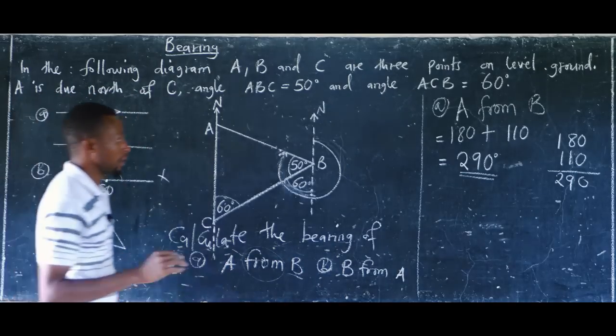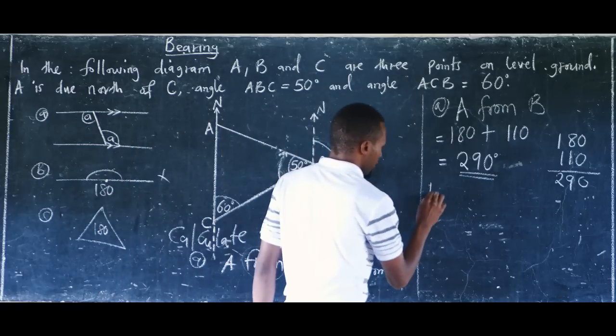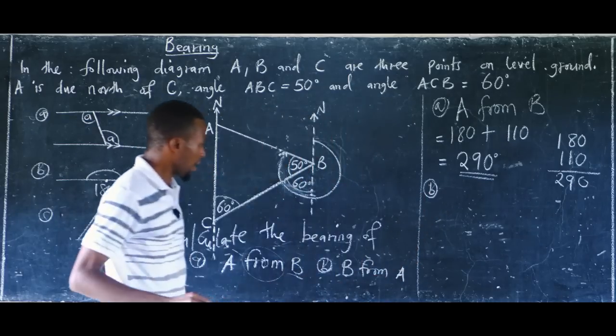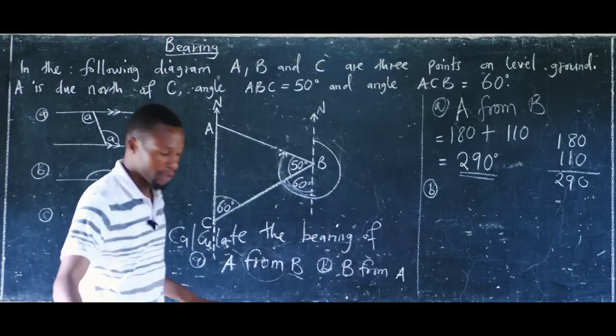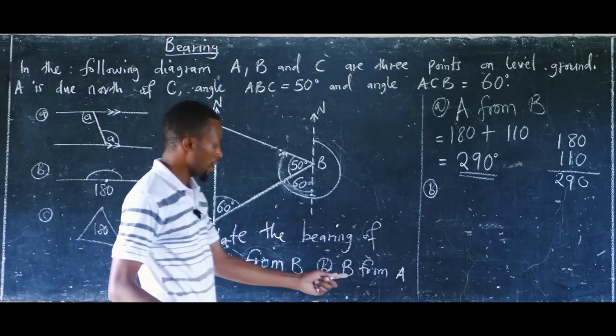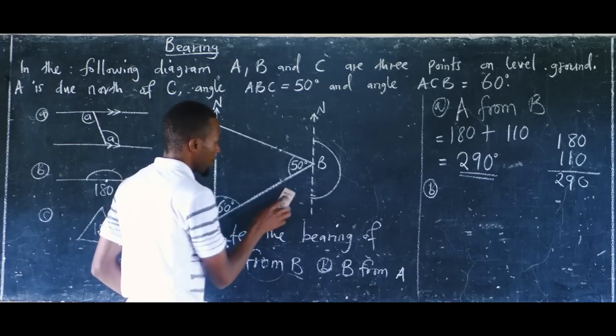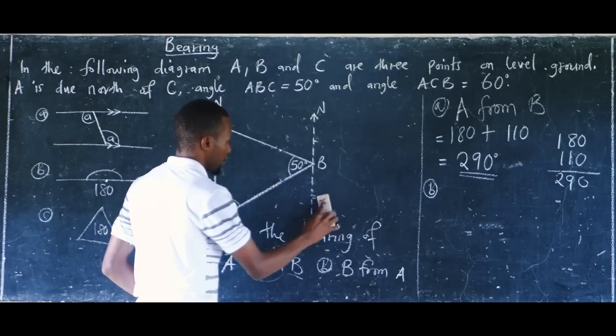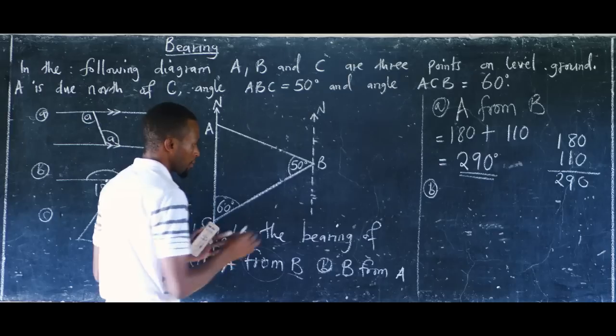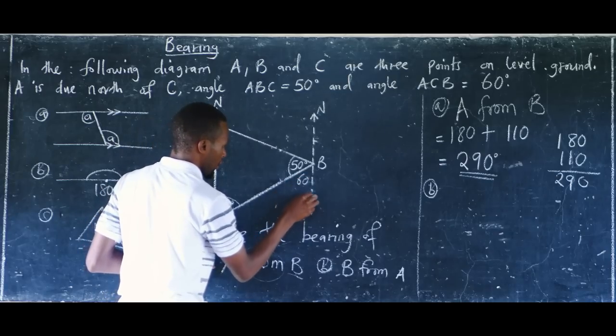Very important. Okay, we go to B. We want now the bearing of B from A. Okay? The bearing of B from where? From A. Okay? So this is 60.